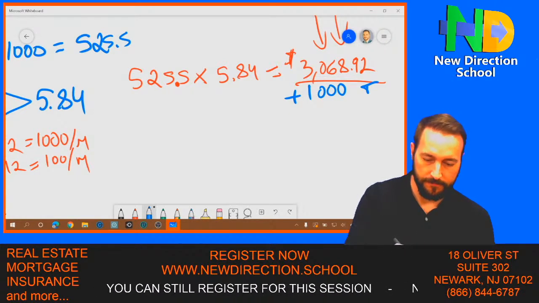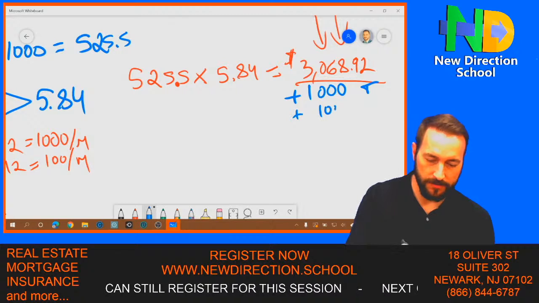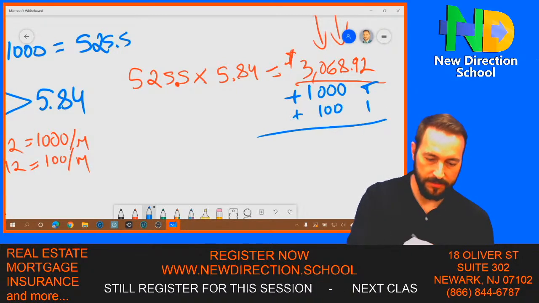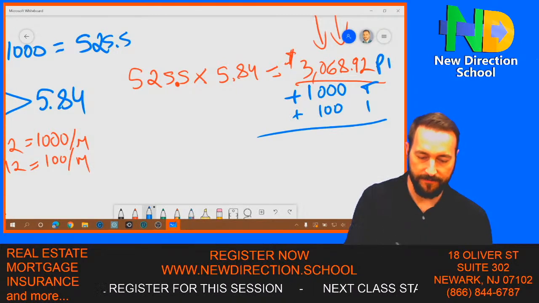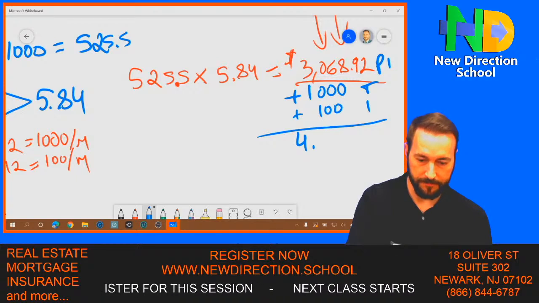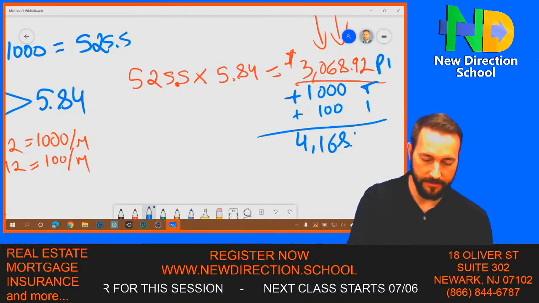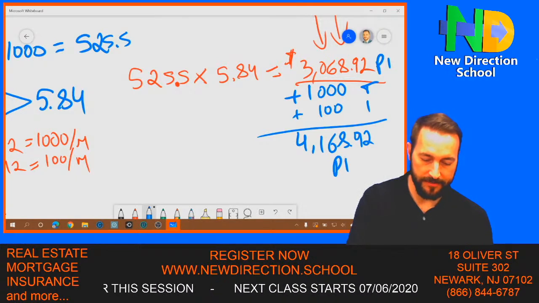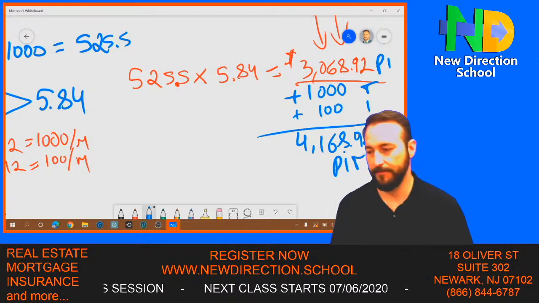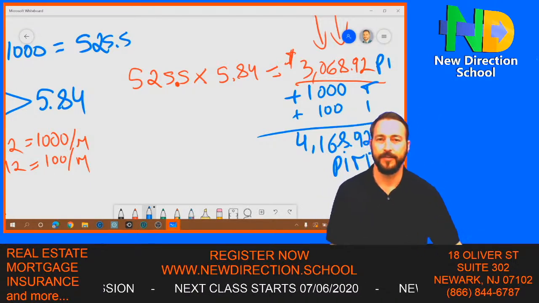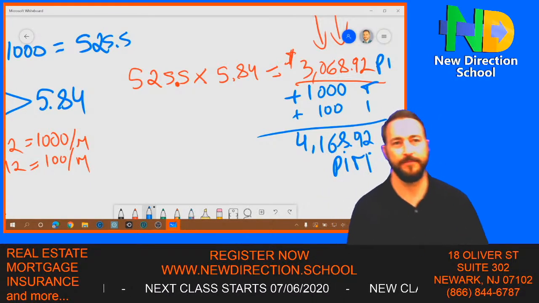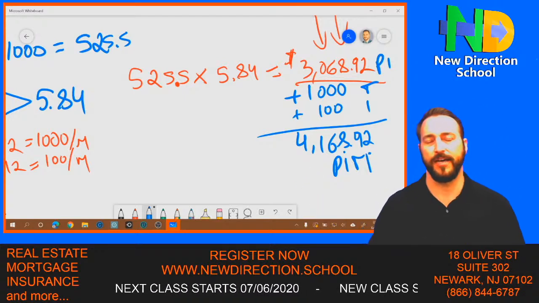So all you have to do now is add taxes, add insurance. Because this is PI, so now you have $4,168.92, and this is PITI. It was as simple as that.